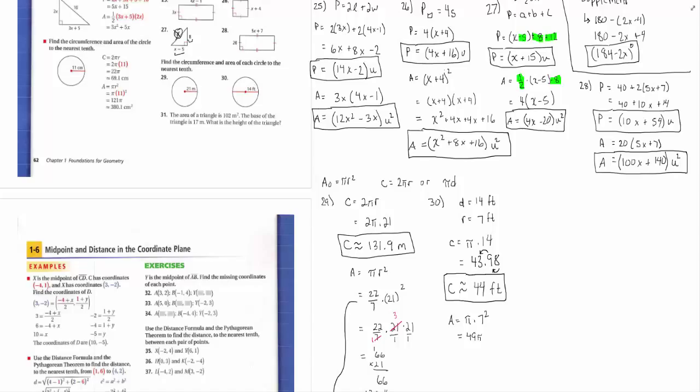And I'm getting 153.93 in this case. So this is going to be approximately 153.93. Is just going to stick with my 9. And this is going to be feet squared because I was doing area. Alright, so there's 30. Area, circumference. Alright, 31.